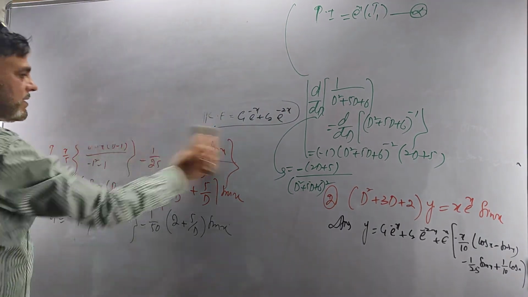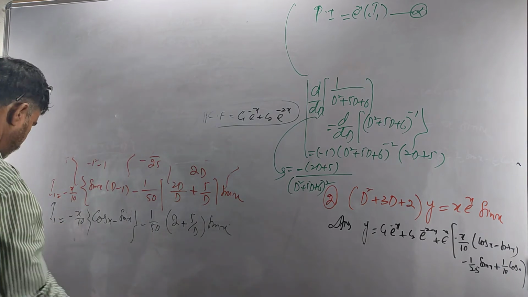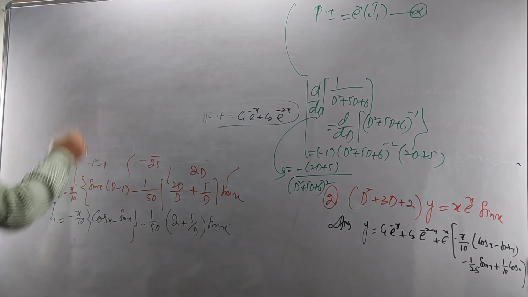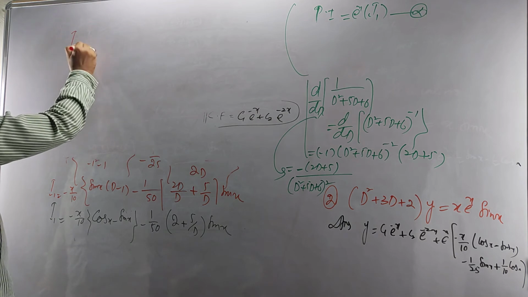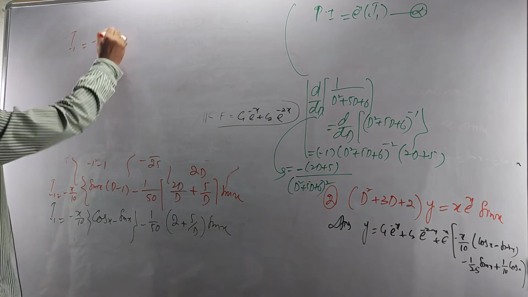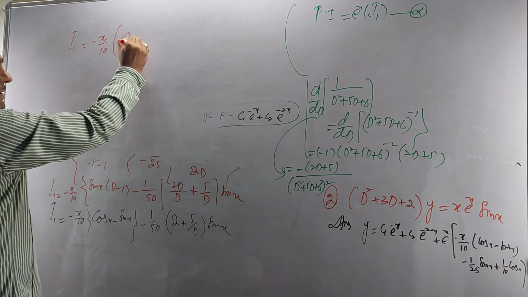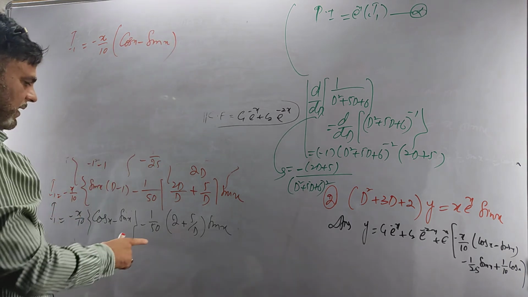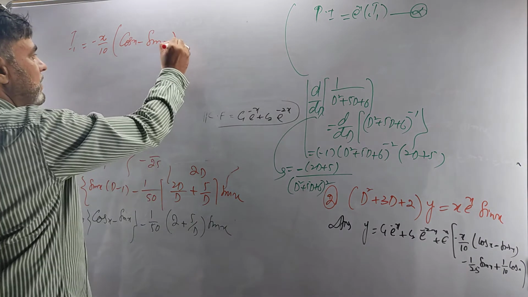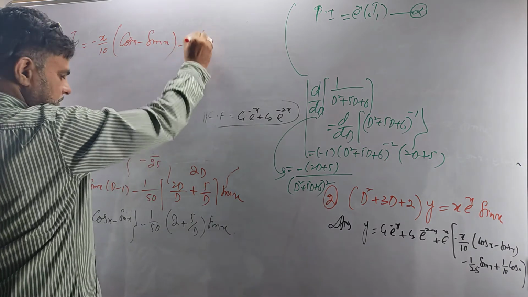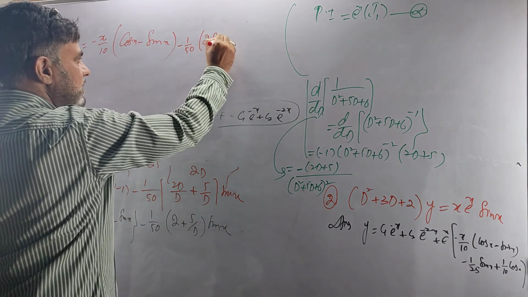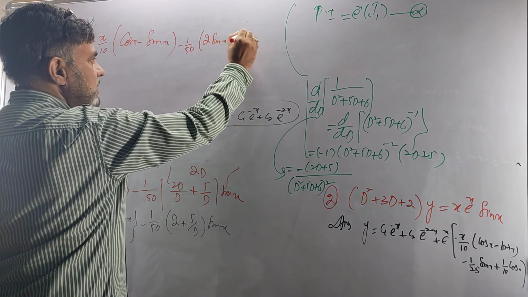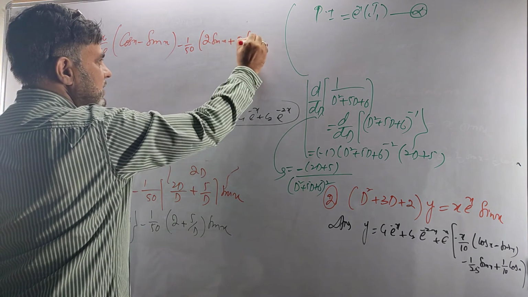We are concluding this now. It is now concluded. So I1 comes out to be minus x by 10, cos x minus sine x, then minus 1 by 50 twice sine x plus 5 times integral of sine x.